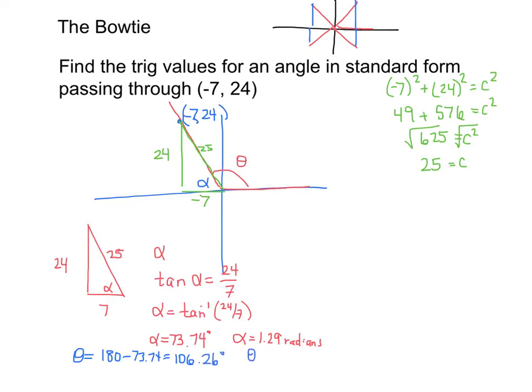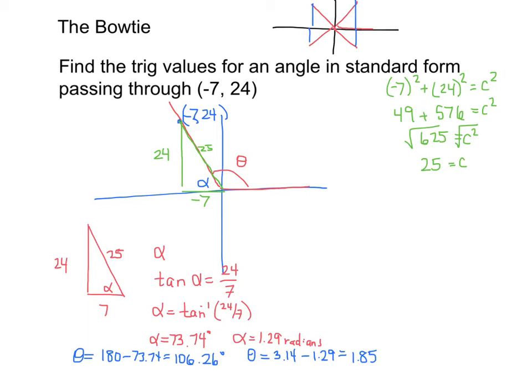And in radians, I'm going to do pi, or 3.14, subtract 1.29. And that will give me the value of theta in radians, 1.85.